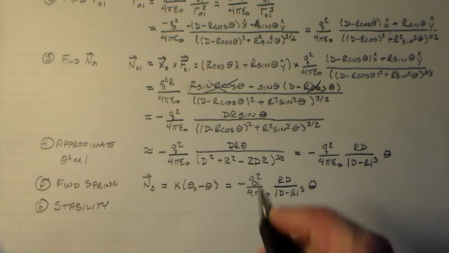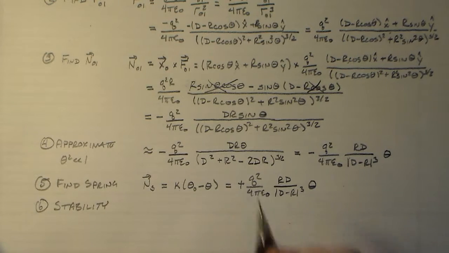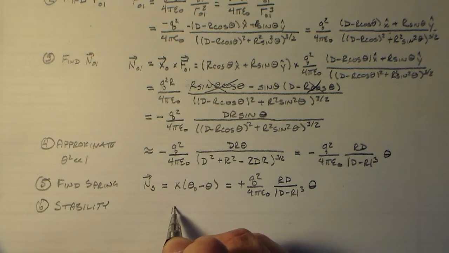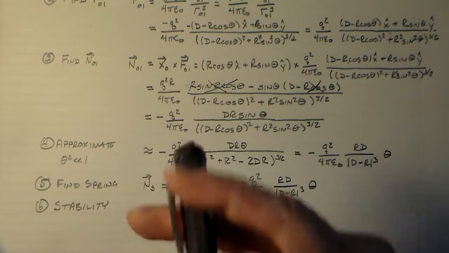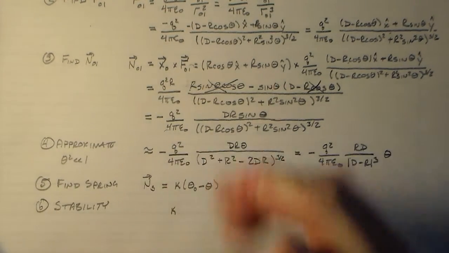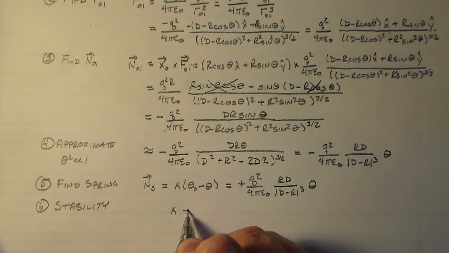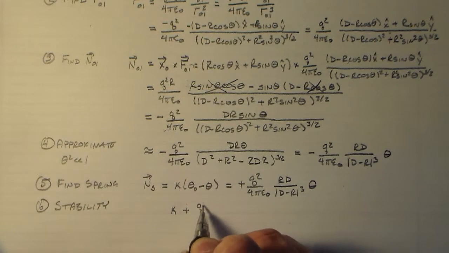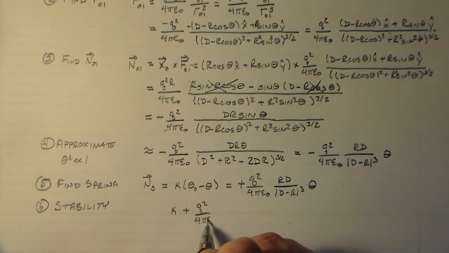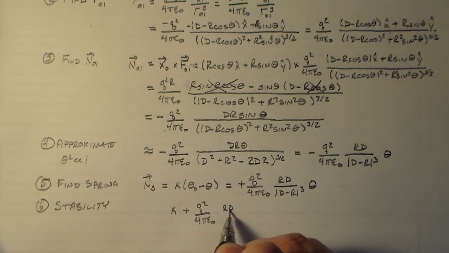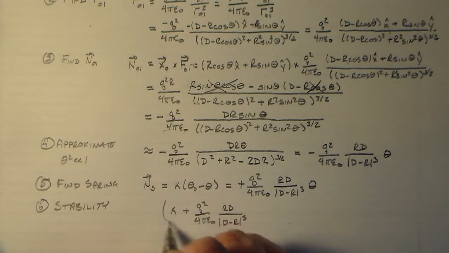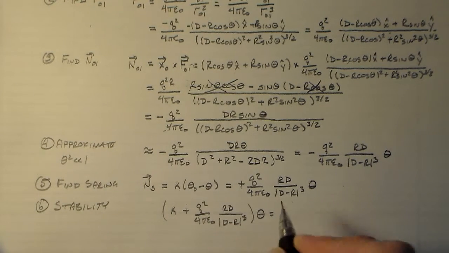I screwed that up. All right. So actually, this is equal to plus that. But anyways, we end up with kappa plus q squared over 4 pi epsilon naught, rd over the absolute value of d minus r cubed, times theta, is equal to kappa theta naught.